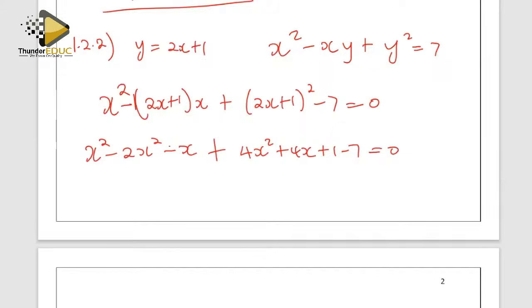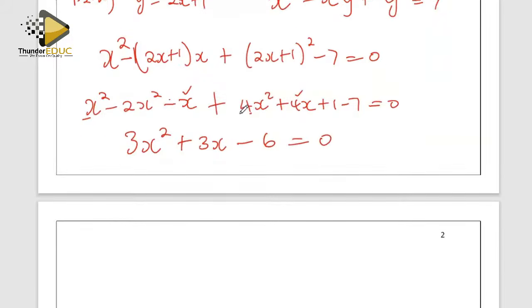Let's collect the like terms. This is 1 and 4 is 5. 5 minus 2, we're going to have 3x squared. Minus 1 plus 4, that's going to be a plus 3x. 1 minus 7 is a negative 6 is equal to 0.